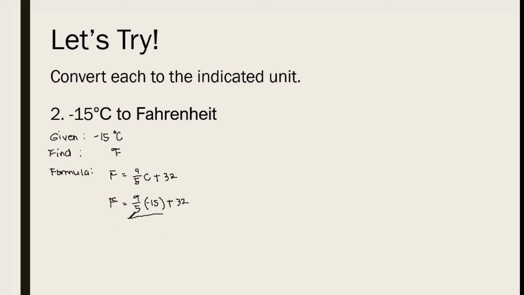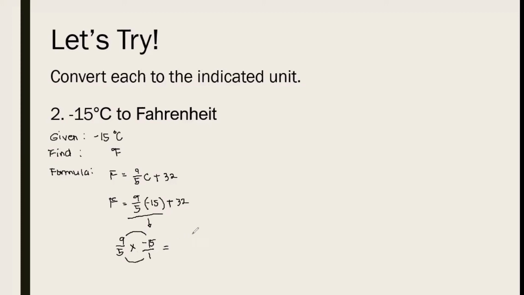Then as for this part, we have to follow the concept of multiplying fractions. So this will become 9 over 5 multiplied by negative 15. Negative 15 here is a whole number, therefore it has a denominator of 1. Then simply multiply 9 by negative 15 and 5 by 1.